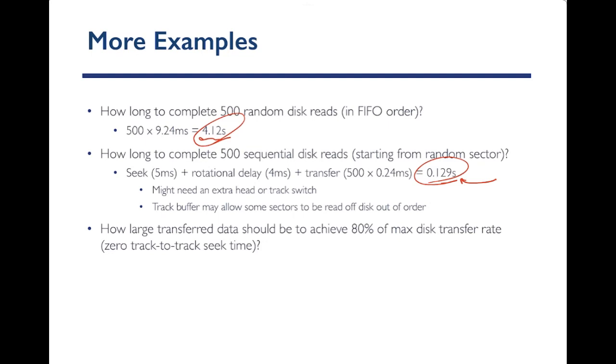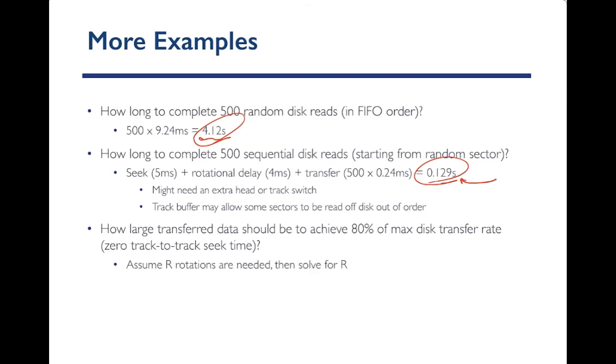Now let's look at this example. How large should your transferred data be to achieve 80% of your maximum disk transfer rate? So this is kind of like a tricky question. Now we know that we can get high throughput if we read from the sectors on the same track.